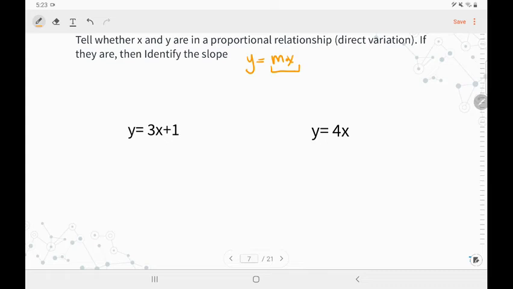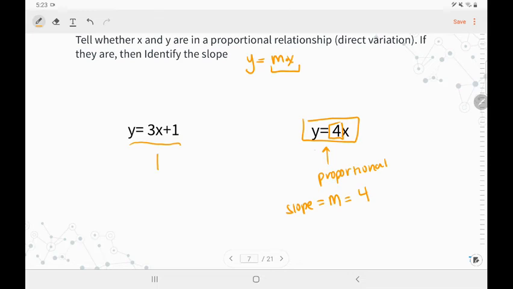So if I were to look at these two examples and to find the one that matches that, that would be this one right here, where there's no extra anything like there is on this example. So this one's my proportional relationship or direct variation, and my m, remember your m is that number in front of x, or your slope. So my answer would be 4.